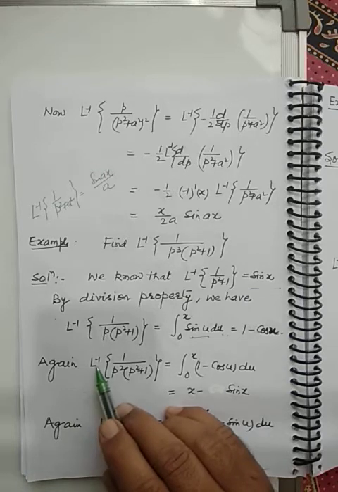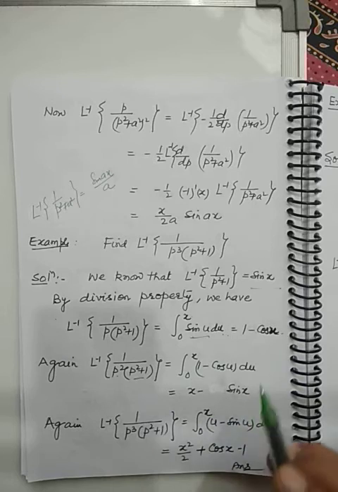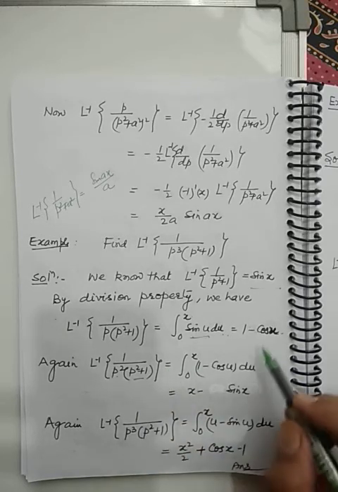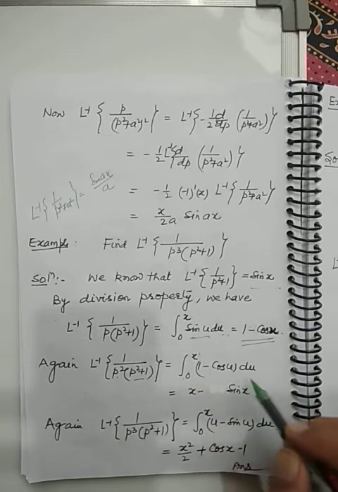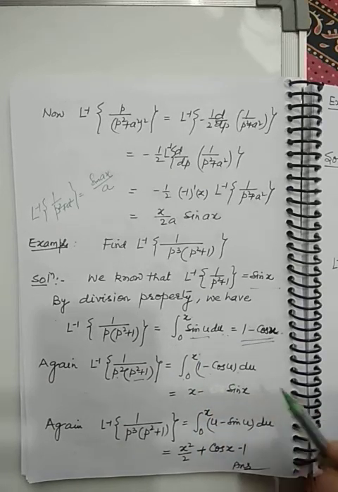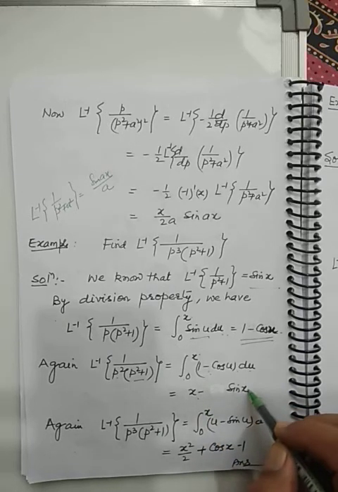Again, the inverse Laplace transform of 1 upon p square into (p plus 1)... again integrating this one from 0 to x, 1 minus cos u du. The integration of this one will be x minus sin x.